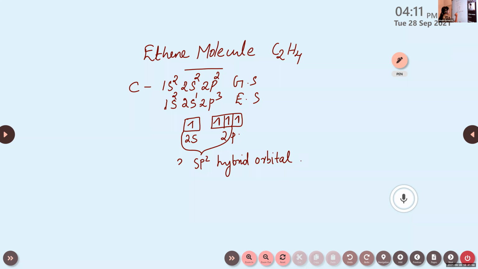So there are 3 sp2 hybrid orbitals. Clear?